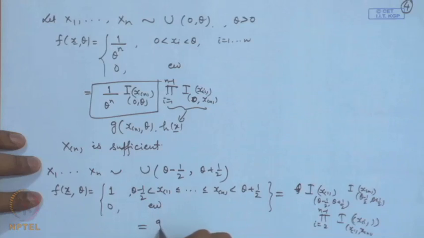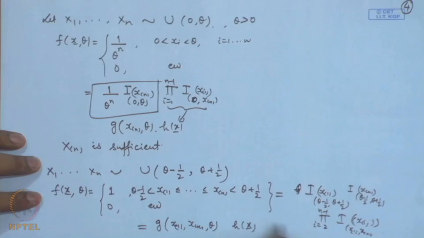So, you can see this is a function of x 1, x n, theta, into h x. This part is h x and this part is a function of x 1, x n and theta.